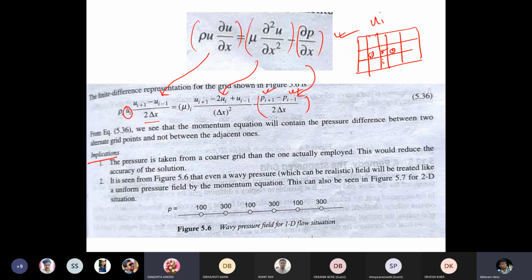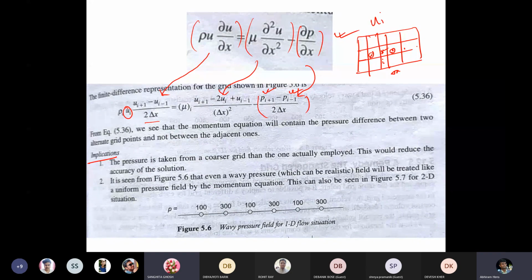Although your velocities are going cell by cell, with delta x spacing, your pressures are being discretized at 2 delta x. So pressure is being calculated on a coarser grid, and that has some impact.